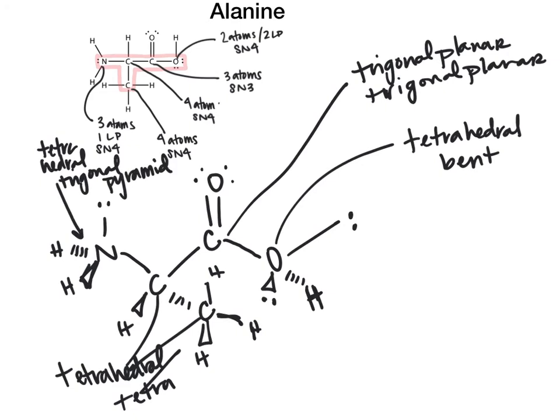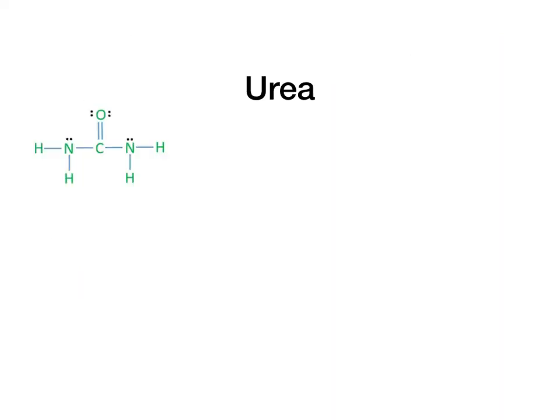So again, the bigger the molecule, it's not necessarily any more difficult to calculate or to draw. It just takes time. So only look at one center at a time. Most of the time, we'll find that our centers are in a linear line in the Lewis dot structures that I would provide. So in this case, now we want to look at urea.